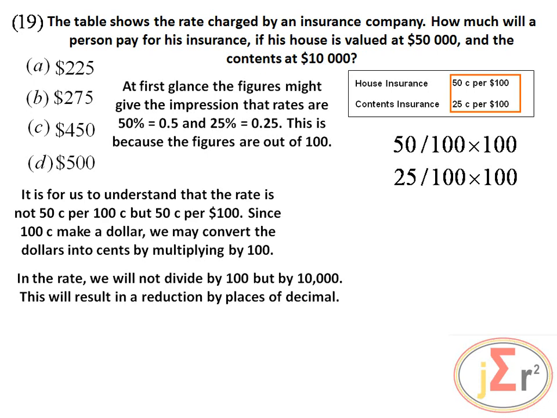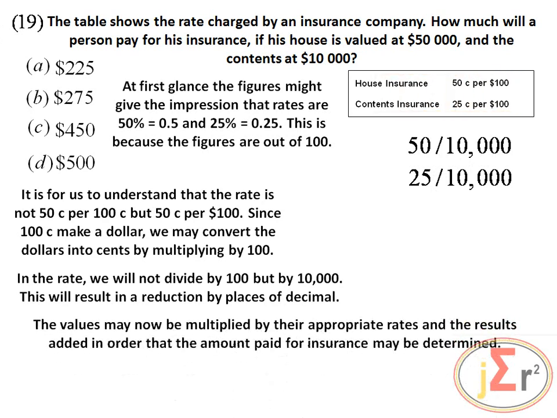This will result in a reduction by 4 places of decimal. So there we have it. The rate is actually 50 over 10,000 and 25 over 10,000. The values may now be multiplied by their appropriate rates and the results added in order that the amount paid for insurance may be determined.